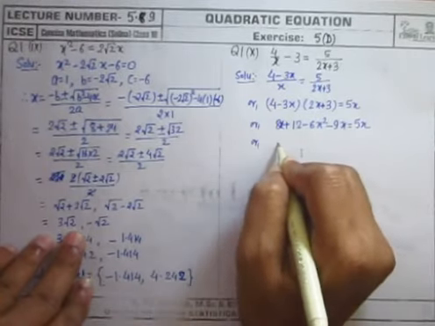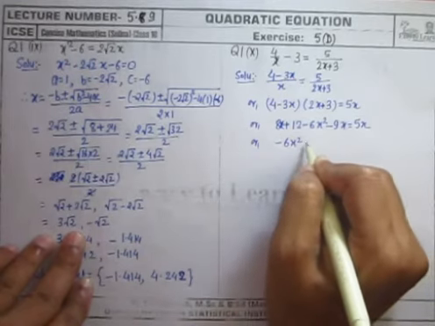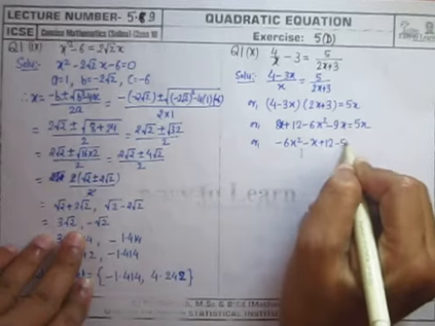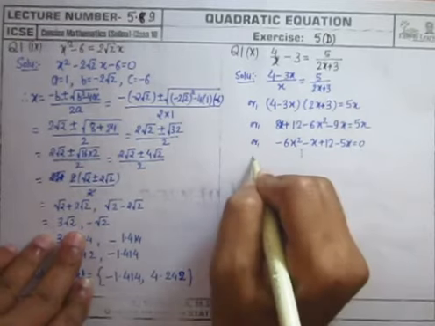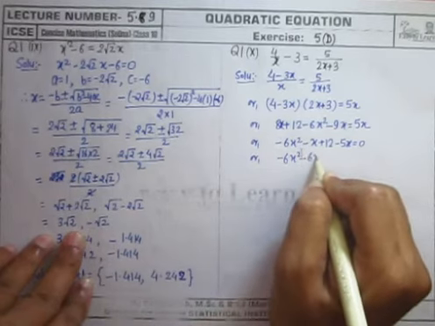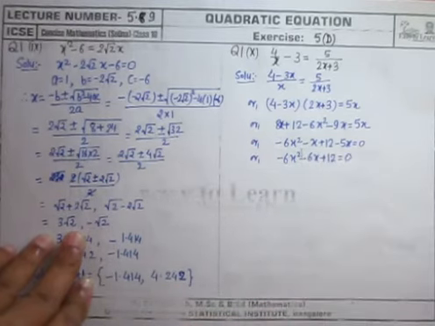Minus 6x square, as it is 8x and minus 9x, it will be minus x, plus 12 minus 5x is equal to 0, or minus 6x square minus 6x plus 12 equal to 0.